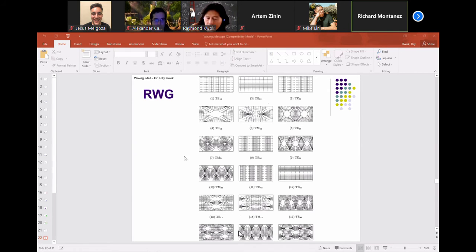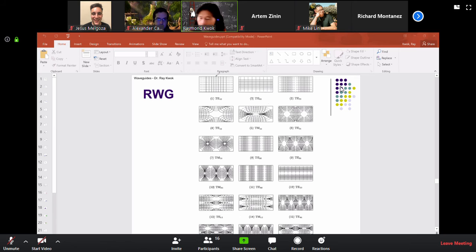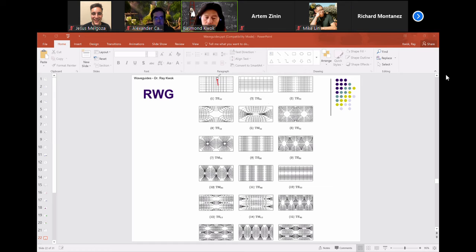The solid lines are the E field. If I put a connector on top, just straight down, like this, I can excite this mode, right? Yes. Can I excite this mode?